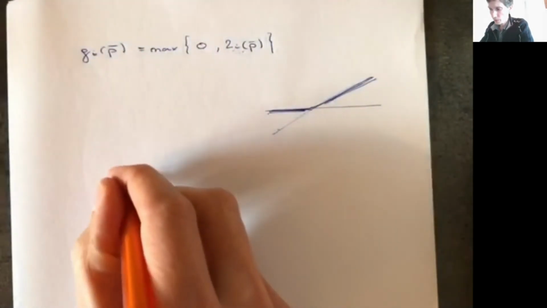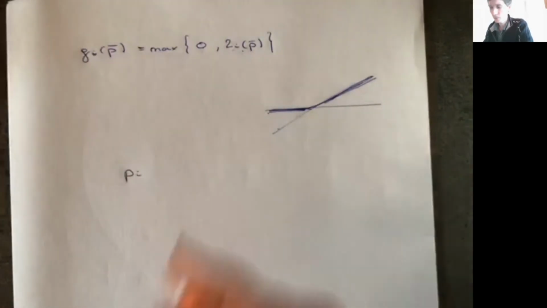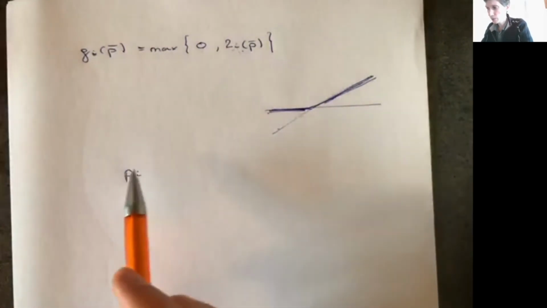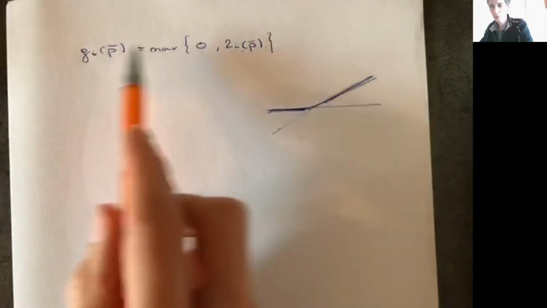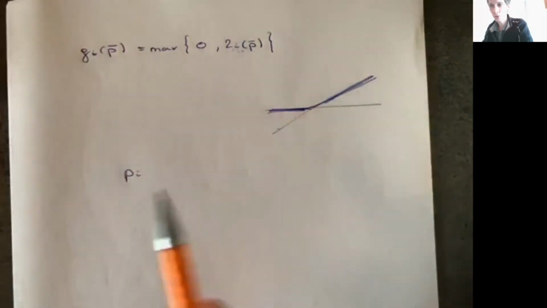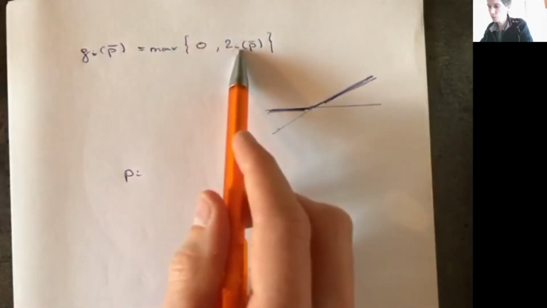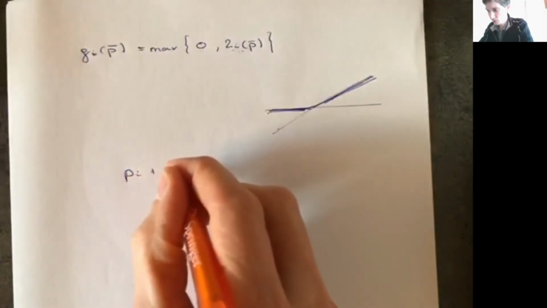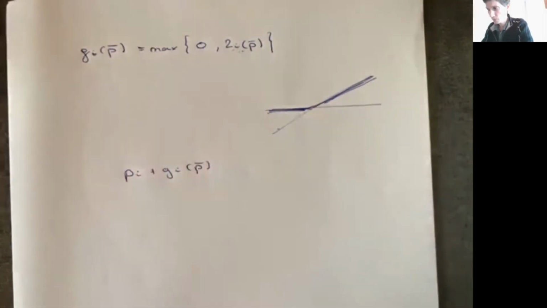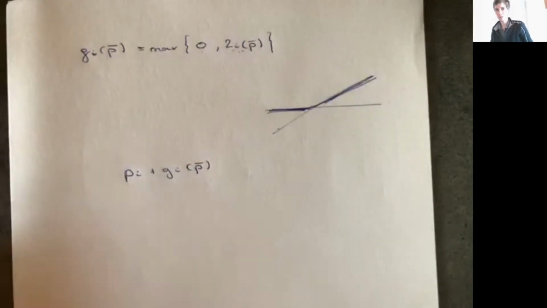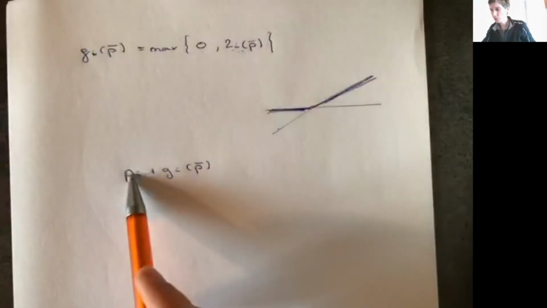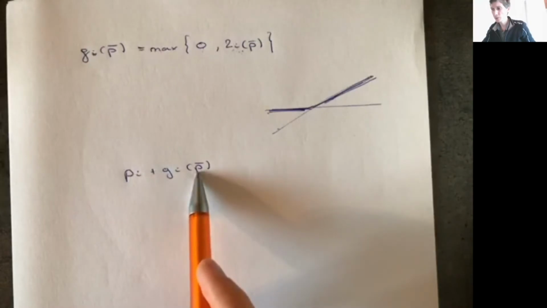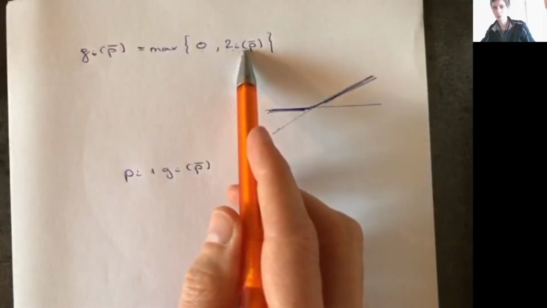So what do we have? We have a price Pi, and then what we can say is, well, if this is strictly positive, then this will be positive. So the new price, maybe it could be this thing plus gi of p. Okay, so we start with a certain price, right? We look at whether the excess demand of this particular good is strictly positive.